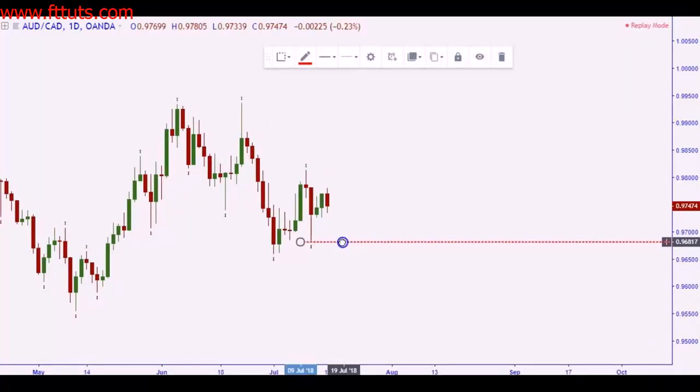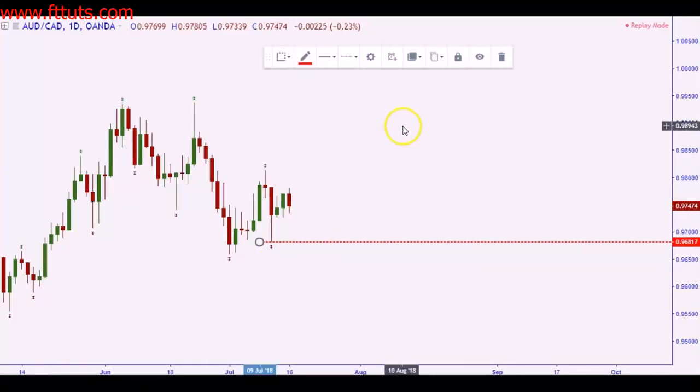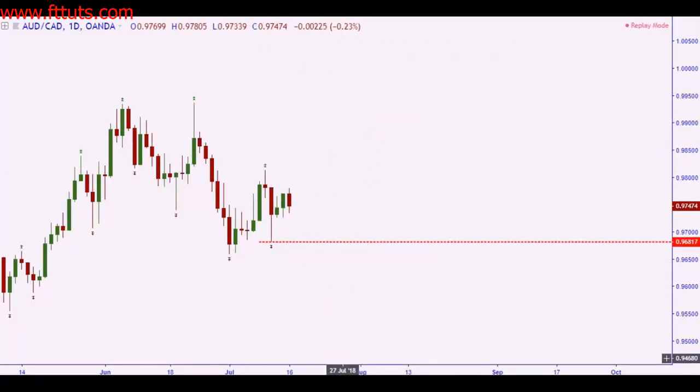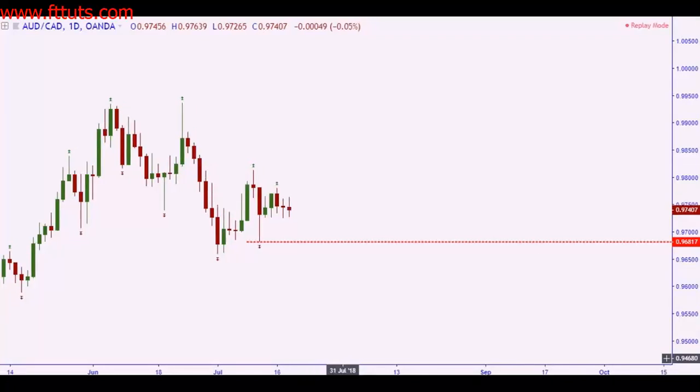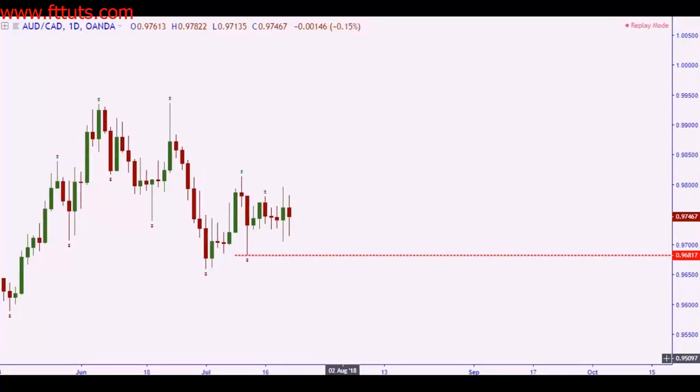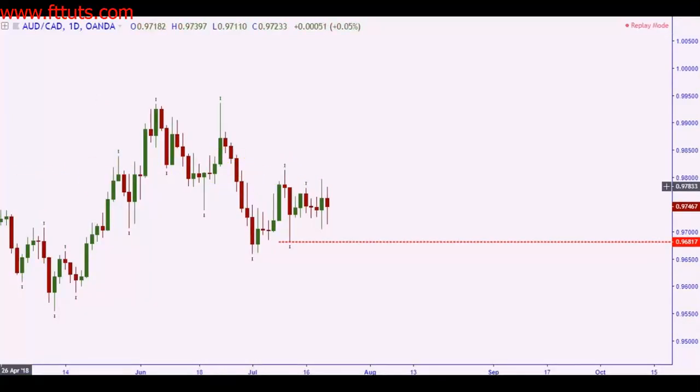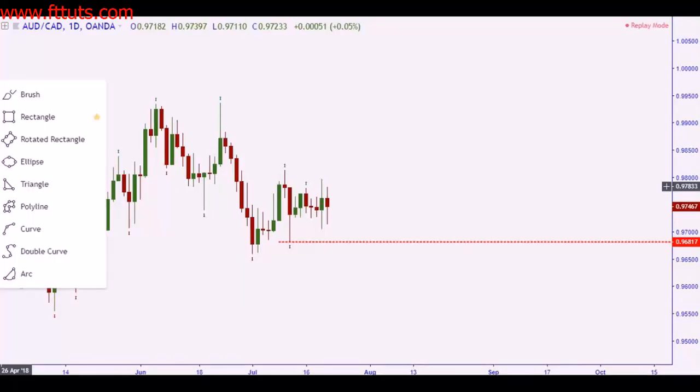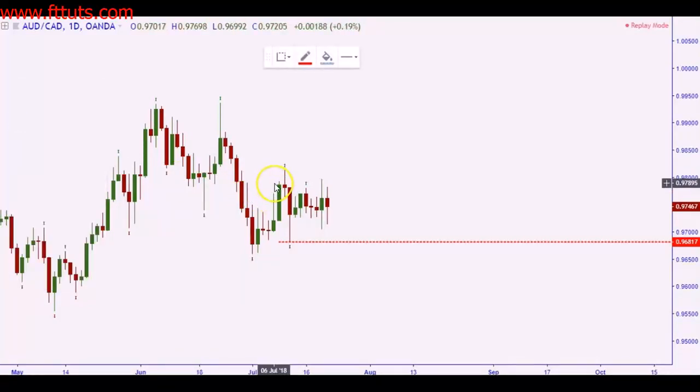So I'm going to move it to that level. So the market is ranging. So which way is the market going to go? Let's continue to count. So just because you get into a range doesn't mean that the market's not going to go your way still. All right, so look at this.